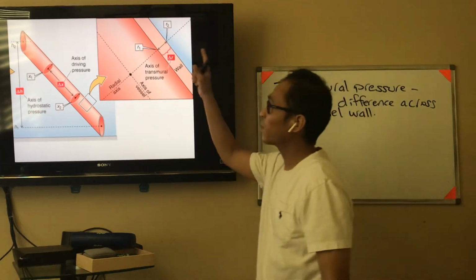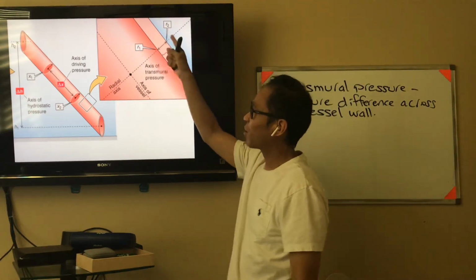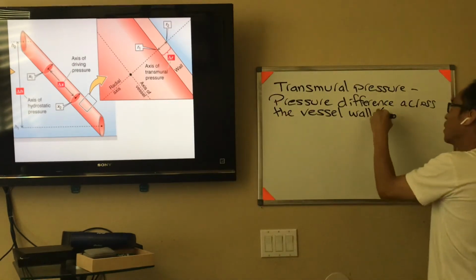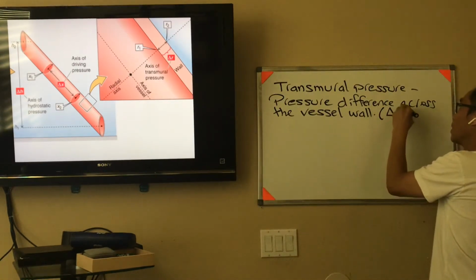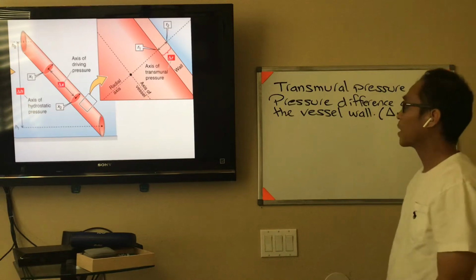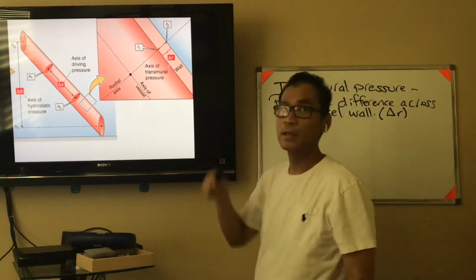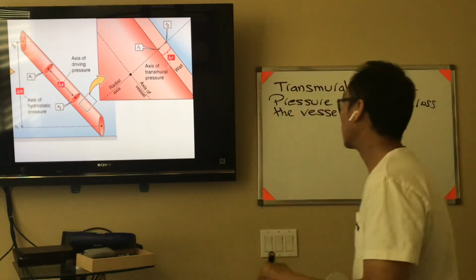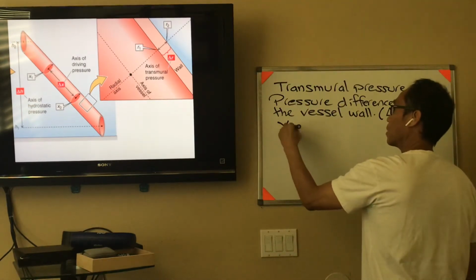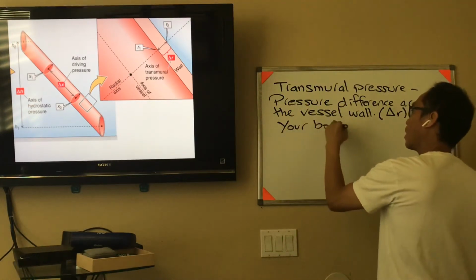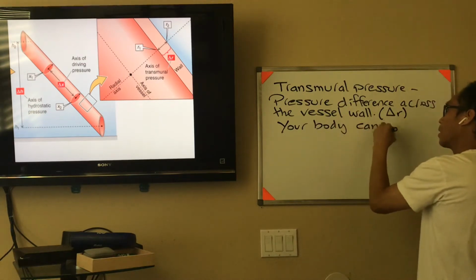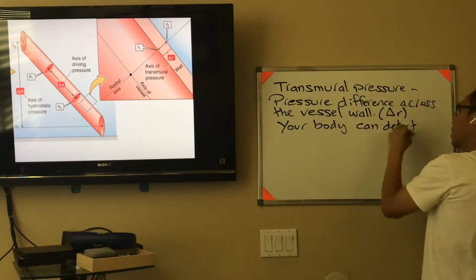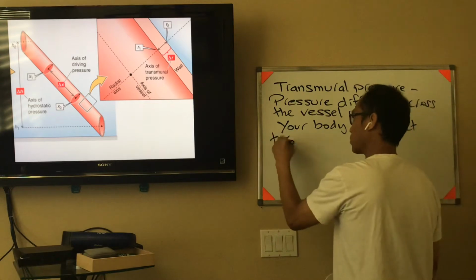So in this figure here, it's the delta R, R1, R2. And this pressure is important because this is the pressure that your body can detect. Your body can detect transmural pressure.